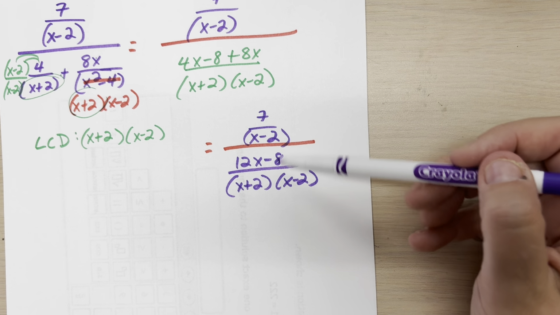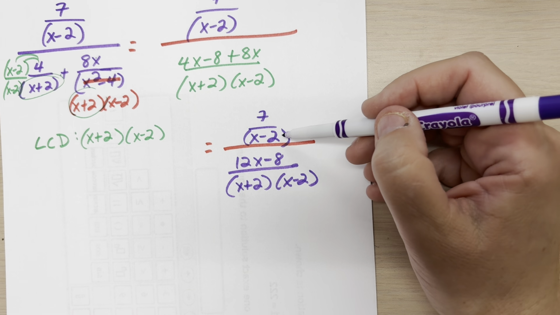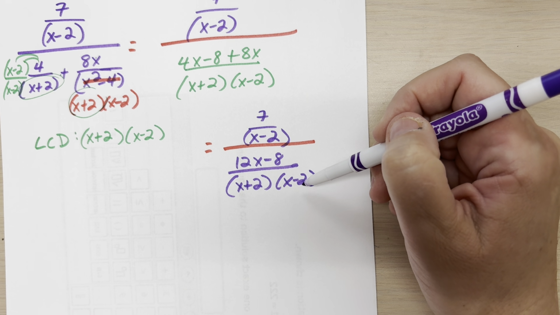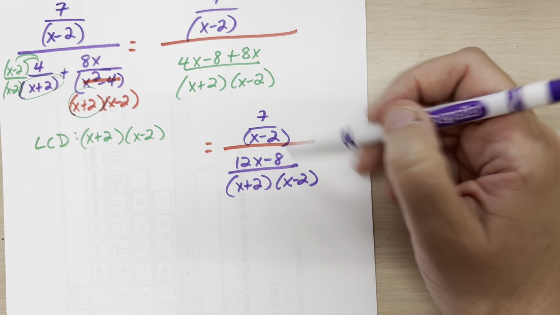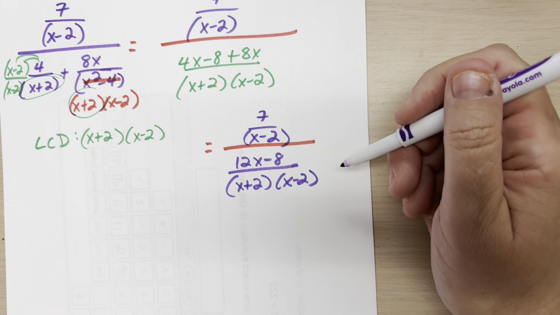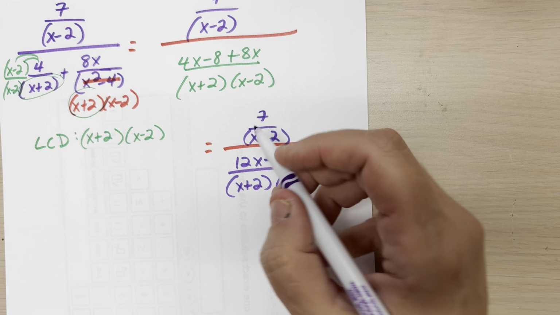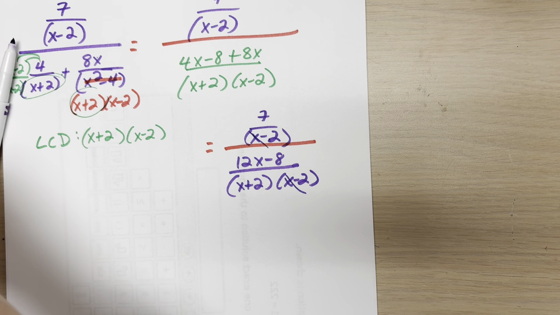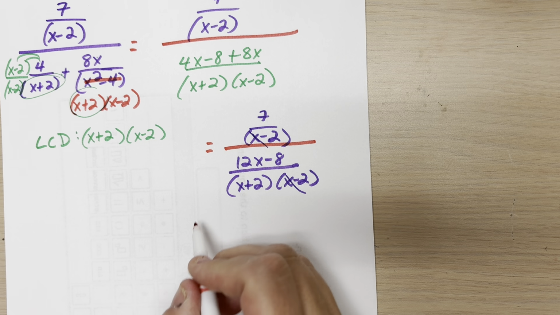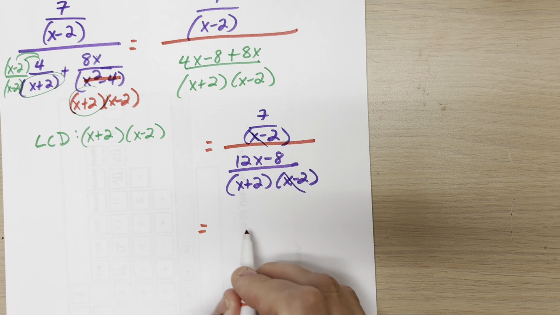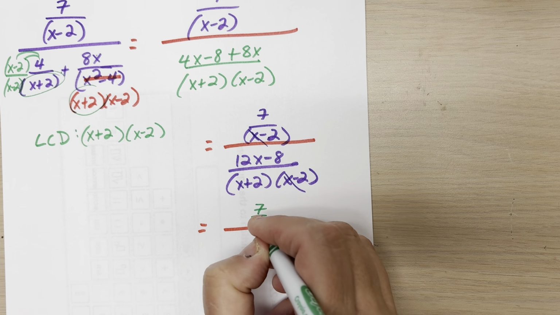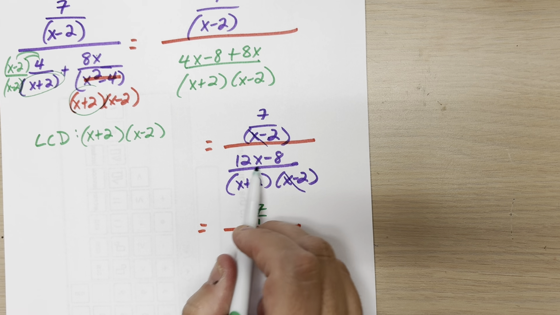If you're dividing a fraction by another fraction and they have common quantities, I guess I could say, on their denominator, they cancel. So I see that I have x minus 2, that's gonna go, which makes life a little bit easier, I suppose. So now I am ending up at 7, or 7 over 1 if you prefer, over 12x minus 8.